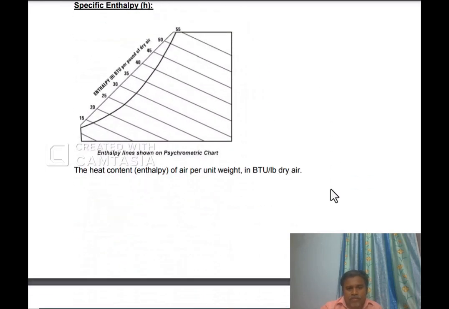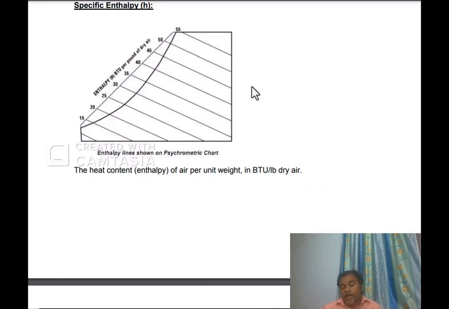Coming to enthalpy, the heat content of air per unit weight. If we take a unit weight of air, what is the heat content present? That is BTU, British Thermal Unit, per pound of dry air. Here you can see this line on the charts.